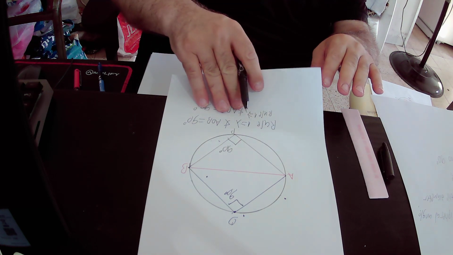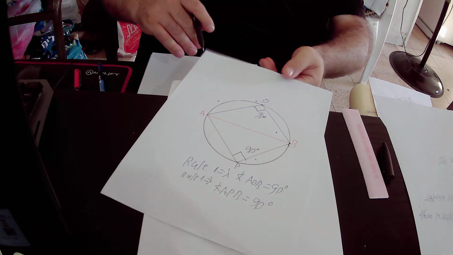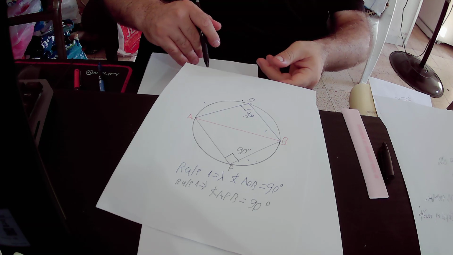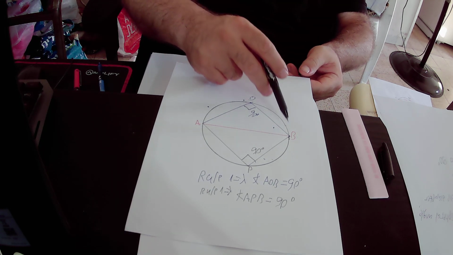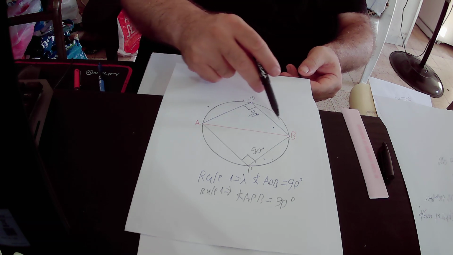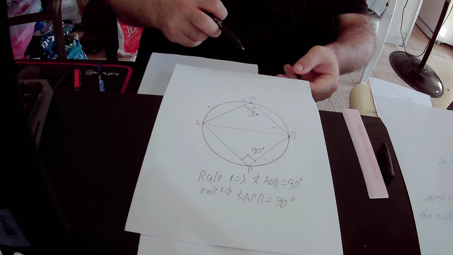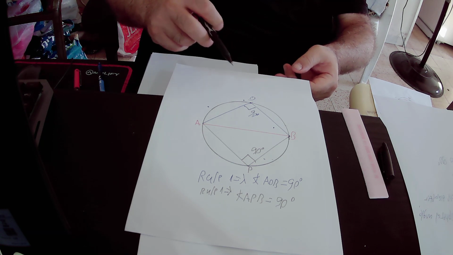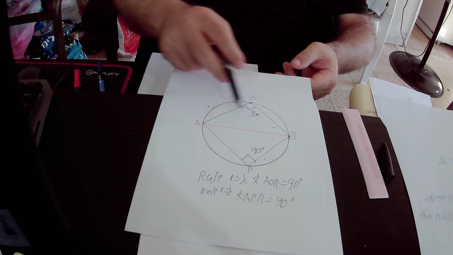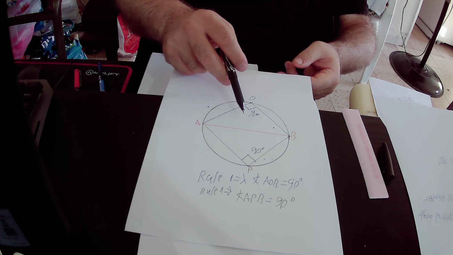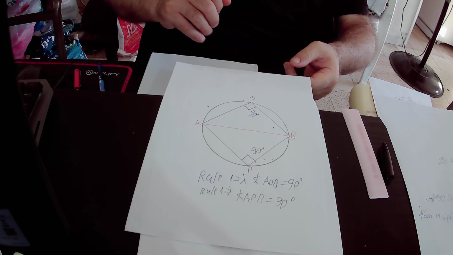Okay, so angle AOB that rests on the diameter of the circle equals 90 degrees according to rule number 1, and also angle APB that rests on the diameter AB of this circle equals 90 degrees according to rule number 1.